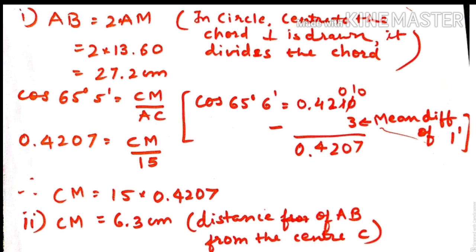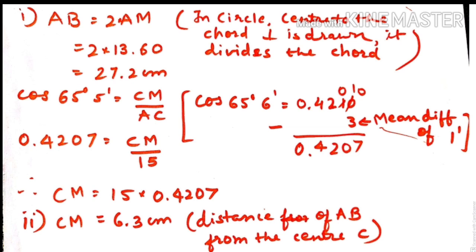So I wrote 2 multiplying AM, that is our AB value. Here 2 multiplying 13.60, which we found, is equal to 27.2 centimeters, which is what they asked us to find first, the AB value.